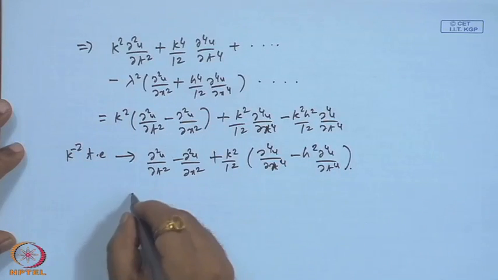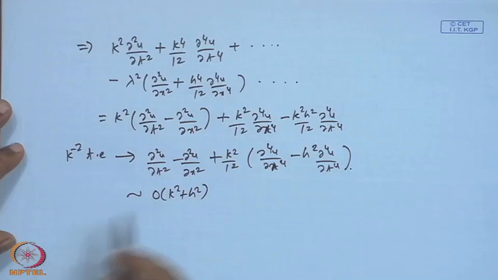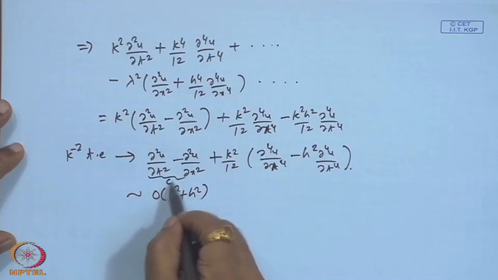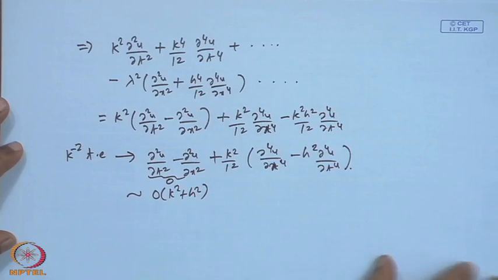Because this goes to 0, the order of the error is this much.